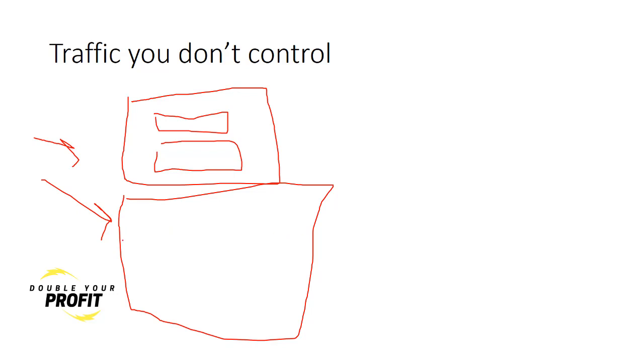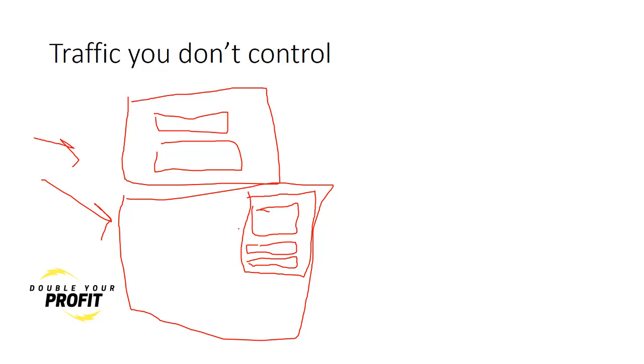What you want to do is always have an opt-in here, where you get their details, and from there you want to send them somewhere, right? You always want to turn the traffic you don't control into traffic you own. And the other videos and the book I'm giving you talk more about the three types of traffic. We're not going to get into that in this video.